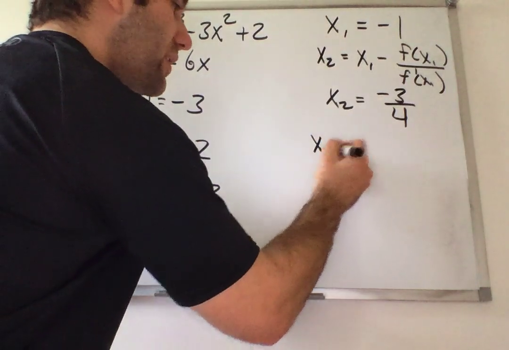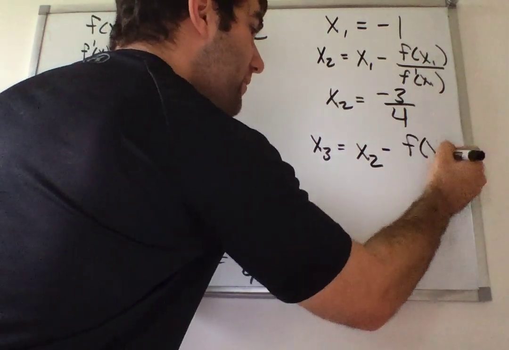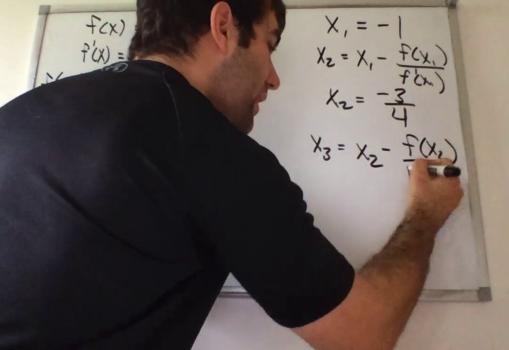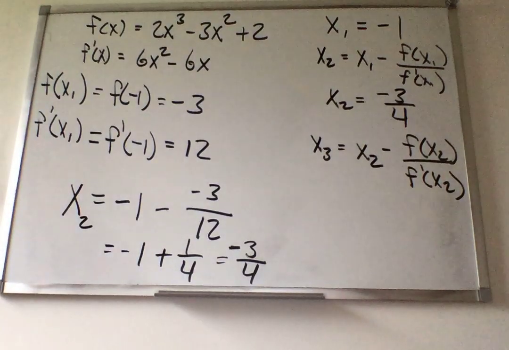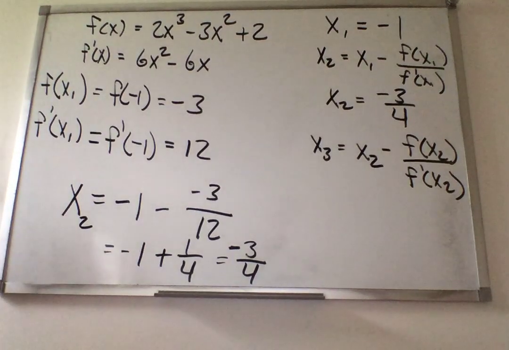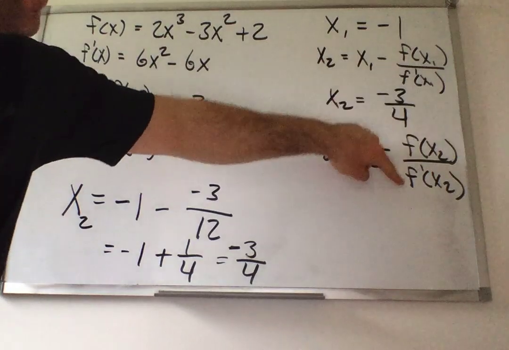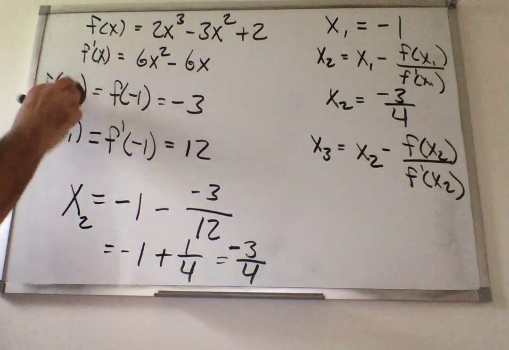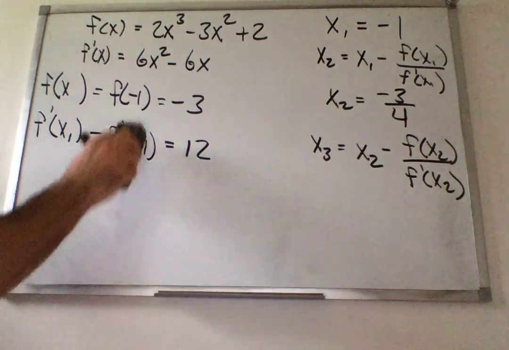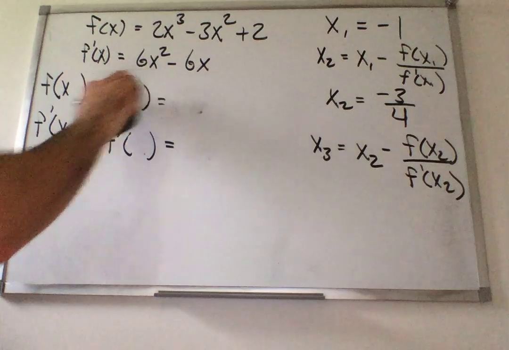Now let's go ahead and find our third iteration. Our third iteration says take x2 minus f of x2 divided by f prime of x2. We already have x2, but we need these function values here. I'm going to keep these because it has the same structure.